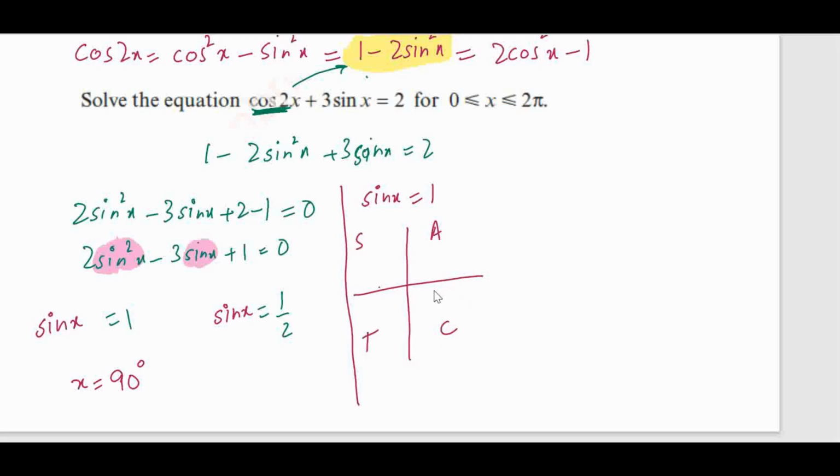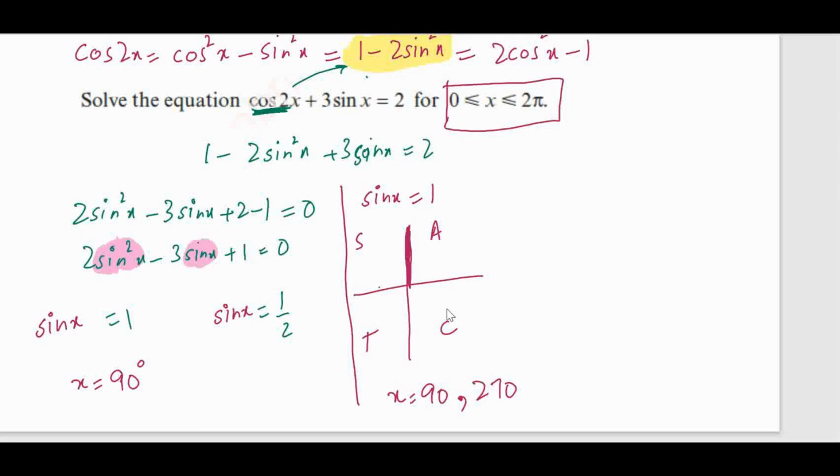Sine of x is positive, 90 degrees will be over here, so the first angle will be 90 degrees. x will be equal to 90 degrees, and after pi it will repeat itself, which means the next angle will be 270 degrees. Please keep this in your mind that if the range is in radian, we have to convert it in radian.